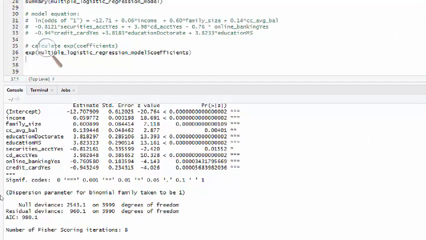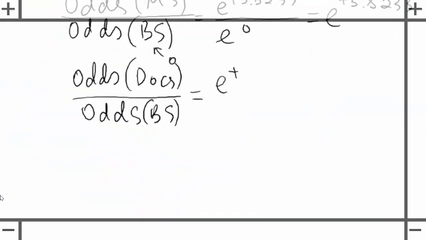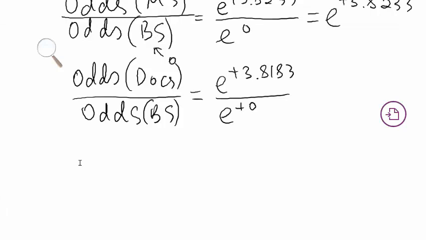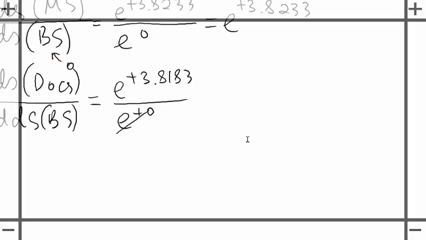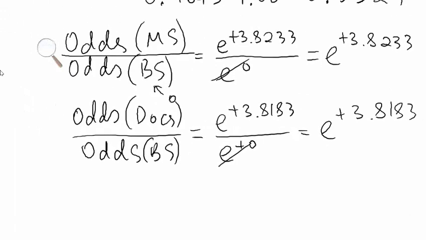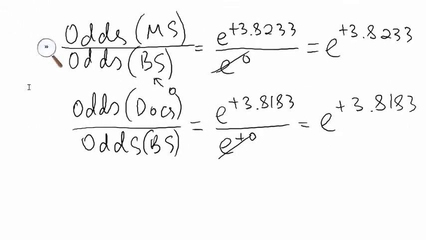For the doctorate, it's 3.8183, divided by, again, e to the power 0. So BS corresponds to 0 contribution, and e to the 0 is 1 really, so all I have is e to the power plus 3.8183.